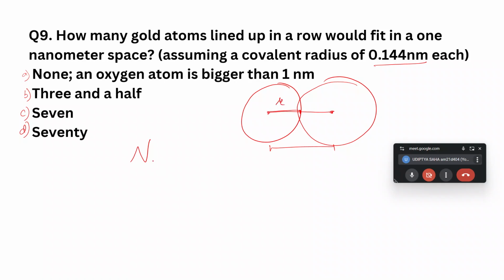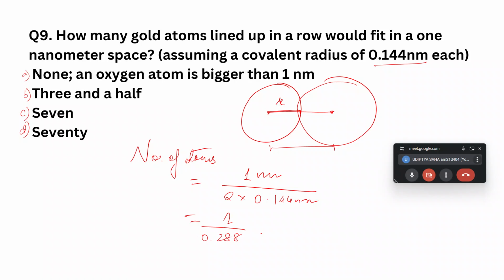So the number of atoms will be equal to 1 nanometer divided by 2 times the covalent radius, which comes down to 1 by 0.288, which is 3.47. So the answer will be 3.5.